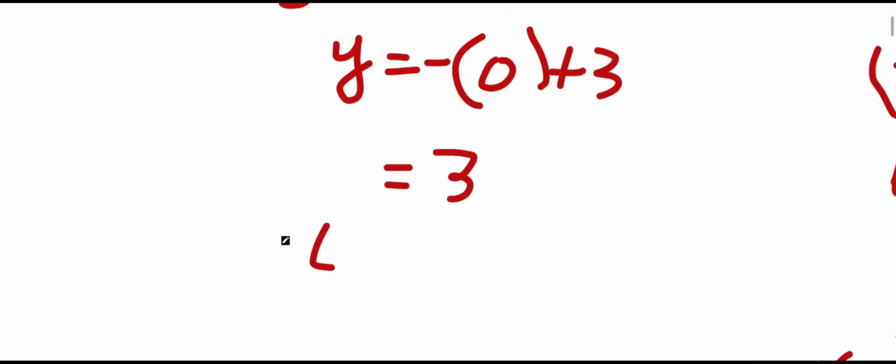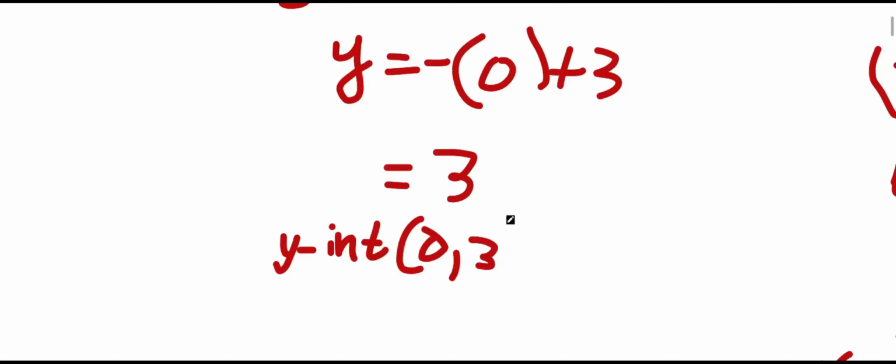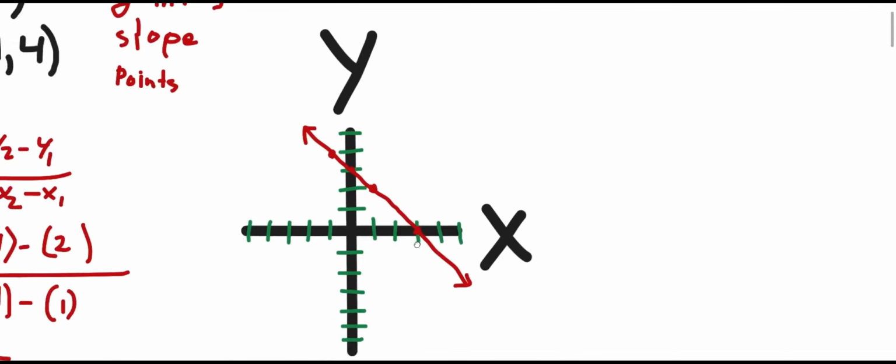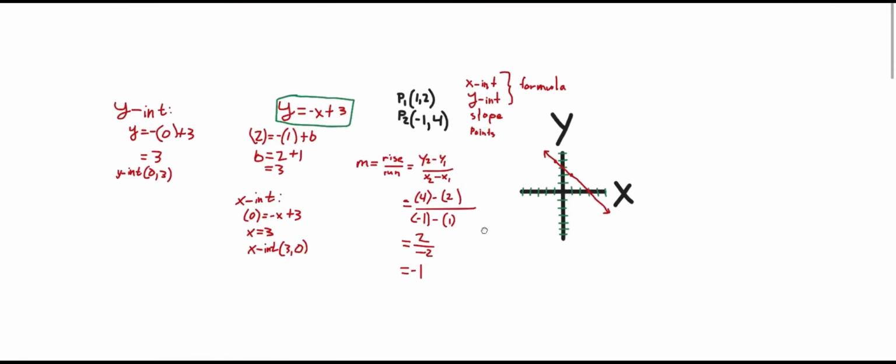So when x is equal to 0, y is equal to 3. And then we just plot these points into the graph. Then we draw the line with the arrows. And that's basically it.